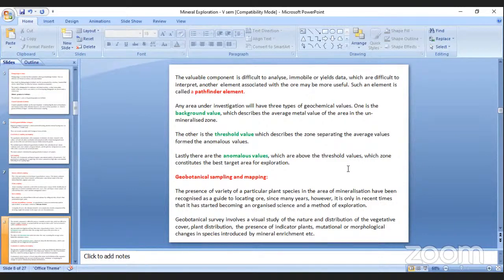And finally, we have one more thing: anomalous values. These again depend on the threshold values. Above the threshold values, or above the group of threshold values, the zone is indicated as an anomalous zone.